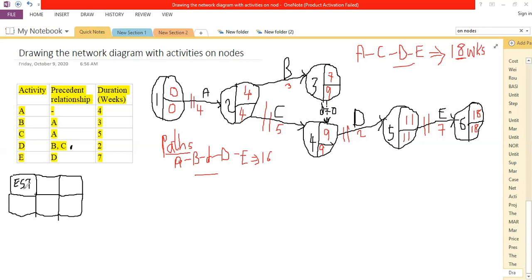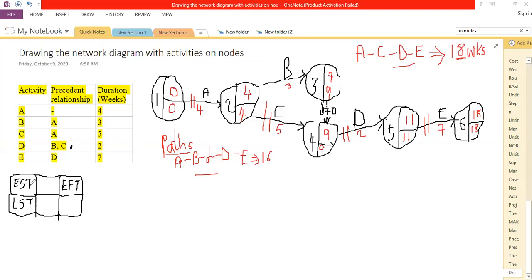So the earliest start time, and of course the latest start time. Then here we are going to fill in the earliest that that activity can be finished. I'll not write the full words because of the space, so you can note this in your book.